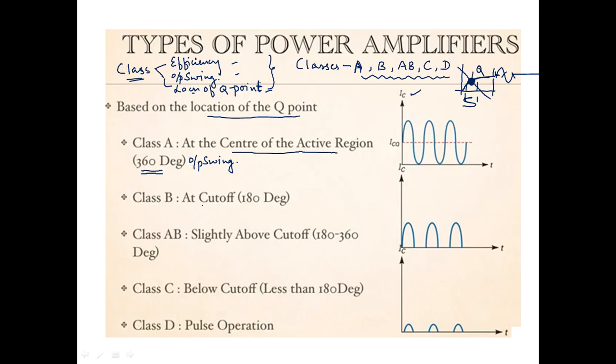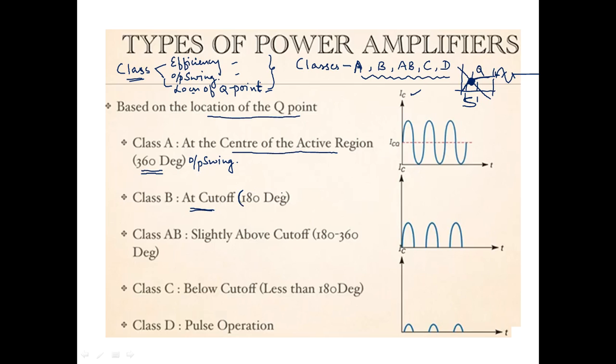Then coming to the class B amplifier. For a class B amplifier, the Q point's location is at the cutoff region. You cannot precisely say that its position is here itself in the cutoff region, but we can very clearly say that the Q point lies within the cutoff region. Then what about the output swing?